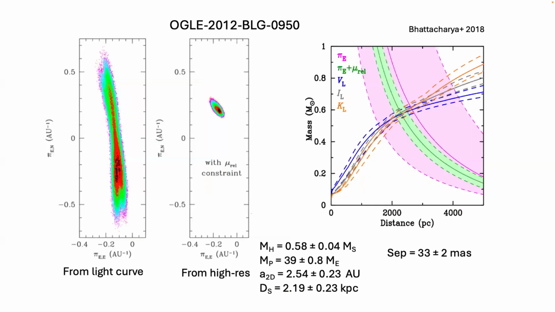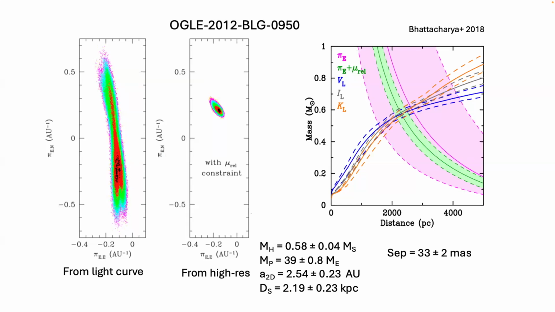And when we took that high resolution observation and detected the lens, we also detected the direction at which the lens is moving. So we can constrain the direction of motion. This was the parallax that was measured from the light curve. But once we measure the direction, this is the difference that happens.